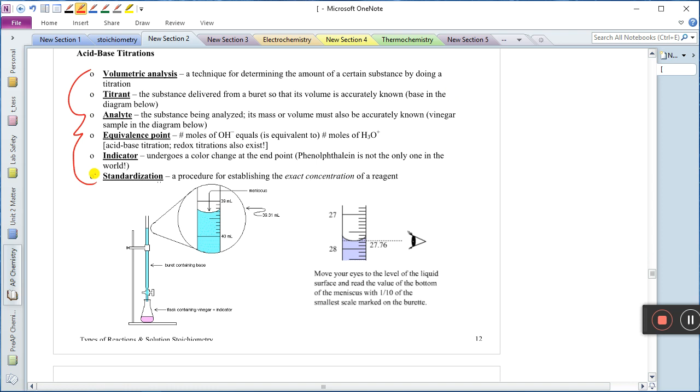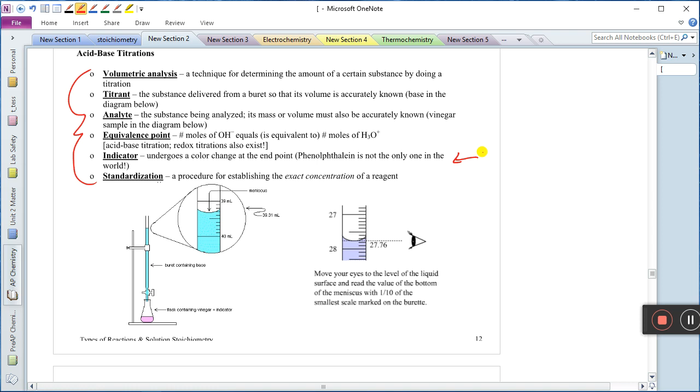Watch out, redox titrations are a thing. We will do a redox titration next week. We may also do an acid-base titration next week. It depends on how much time we have for things. I want to do one, but it depends on time. The analyte's in the flask. Indicators. Indicator needs to be something that undergoes a color change.